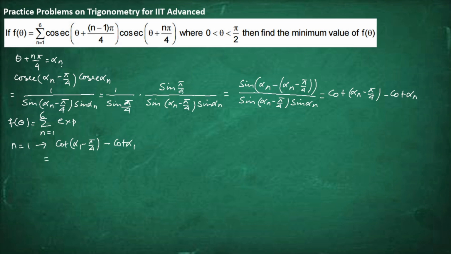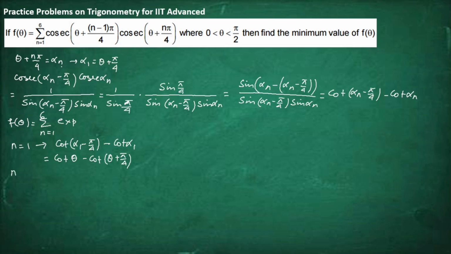Is it clear? What is alpha 1? In place of n, if I put 1, we are going to get alpha 1 as theta plus pi by 4, right? So just put it there, cot(theta plus pi by 4 minus pi by 4). So we are going to get only cot theta. Is it clear? Minus cot(theta plus pi by 4).